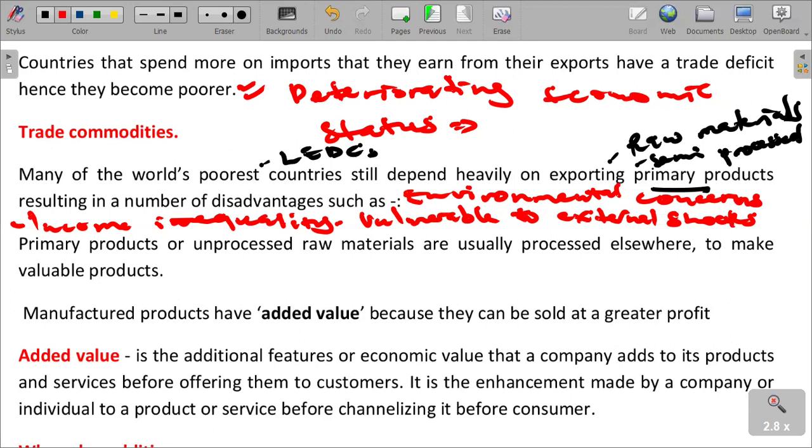So primary products or unprocessed raw materials are usually processed elsewhere to make valuable products. Where is elsewhere? In most economically developed countries.